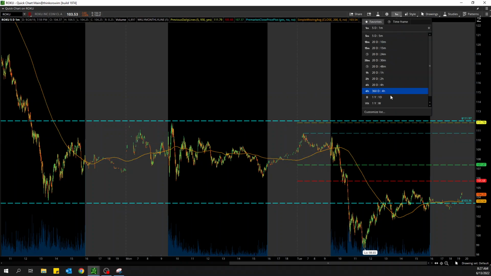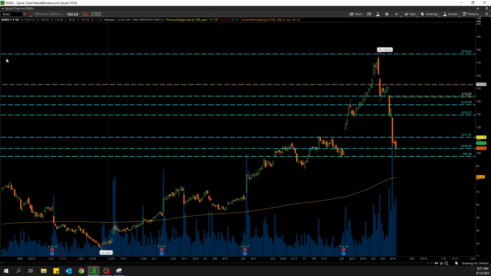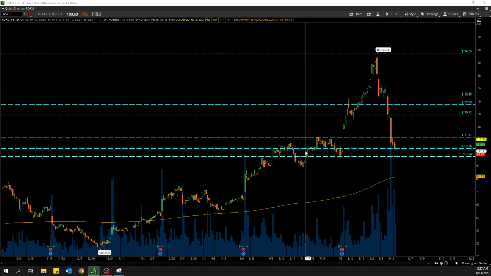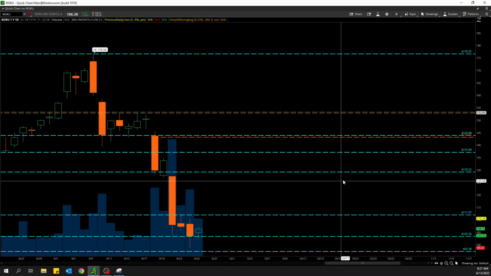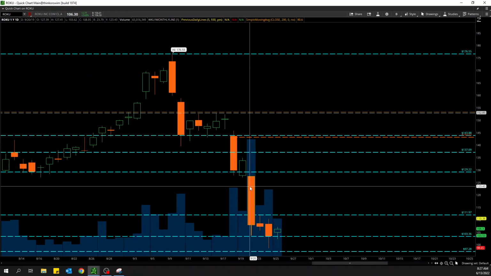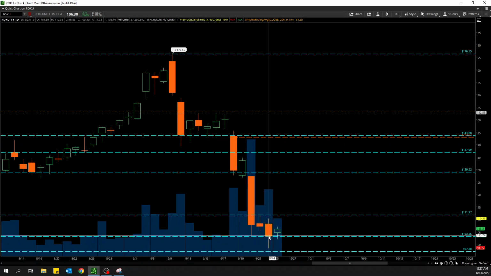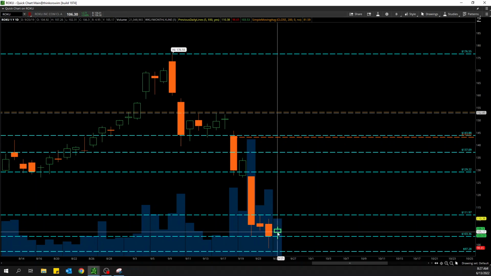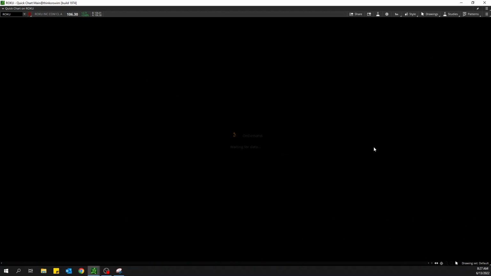Let's go back out to the daily again. Let's go another day. 25th. So ideally, after this massive rundown, buyers stepped in. This was a given to have a nice bounce day. So let's go back down to the 1-minute.